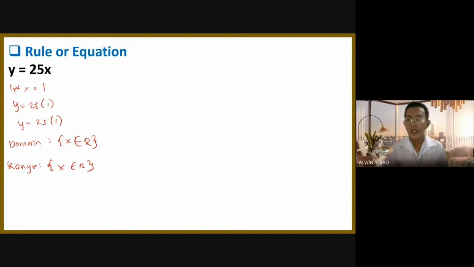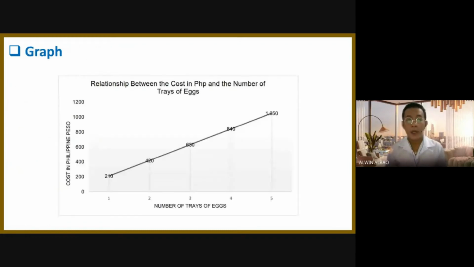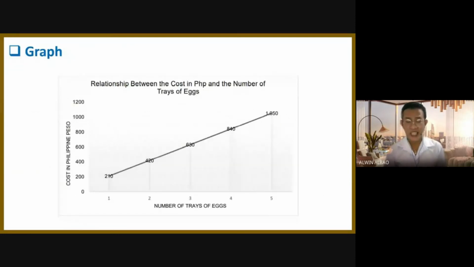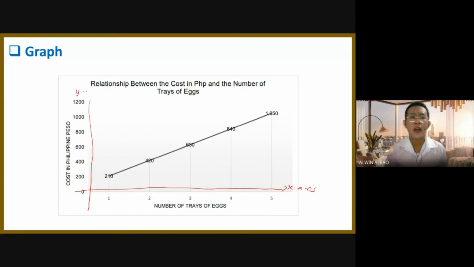Okay. Next. So, sa pagkuha naman ng graph, ang domain natin and range ay nasa x and y axis tayo. So, ito yung ating graph. Kung matatandaan nyo yung part ng coordinate plane natin, horizontal will be the x-axis, and then the vertical line will be the y-axis. Okay, so domain natin is given from the x-axis. So, what are those?